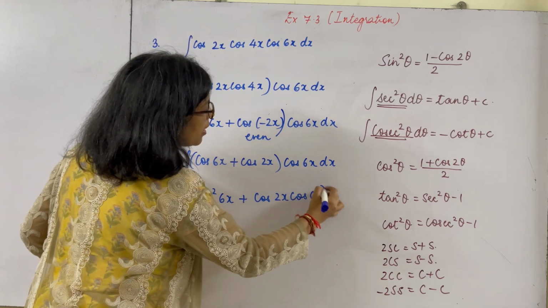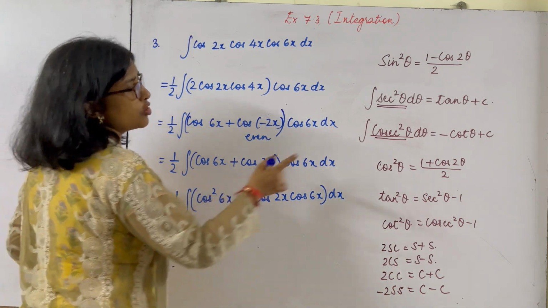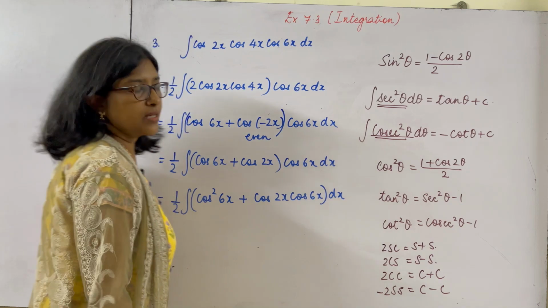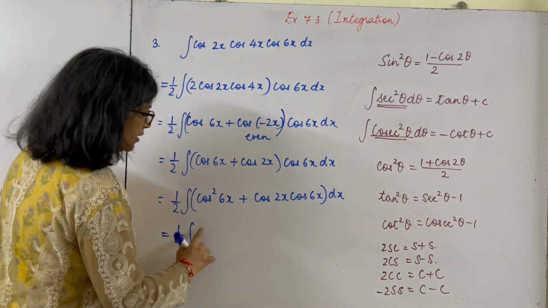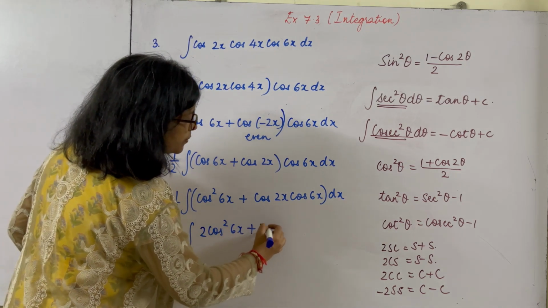So once again we have to apply the formula. Over here cos square and over here 2 cos cos. So one more 2 we will divide and multiply and then apply the formula.